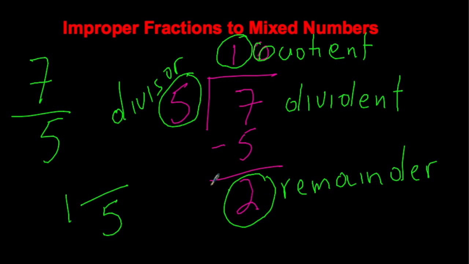And the remainder is the top number, or the numerator. So the mixed number for this is 1 and 2/5. And this is already reduced because the improper fraction was already in the simplest form.